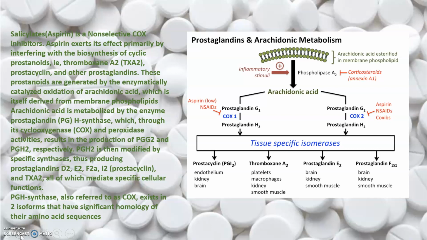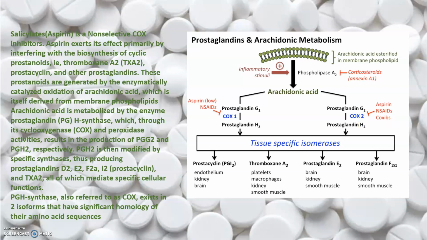Arachidonic acid is metabolized by the enzyme prostaglandin H synthase, PGHS, and you can see over here PGG2 and PGH2. So PGH synthase, through its cyclooxygenase (COX) and peroxidase activities, results in the production of PGG2, which is over here, and PGH2, which is here in this diagram, respectively.